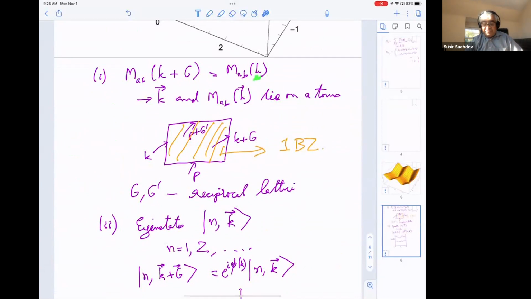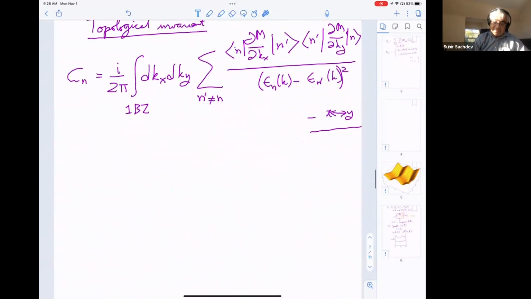So what the Berry phase tells us is how the spectrum of a Hamiltonian and the wave functions change as you change some parameter. So we have a parameter K. I may as well write it down.